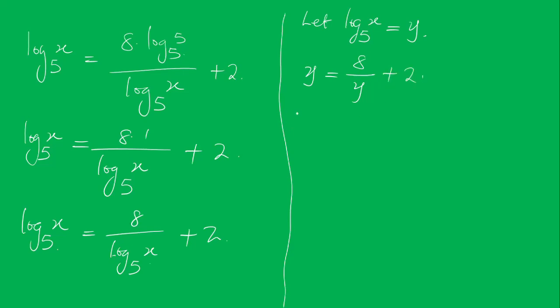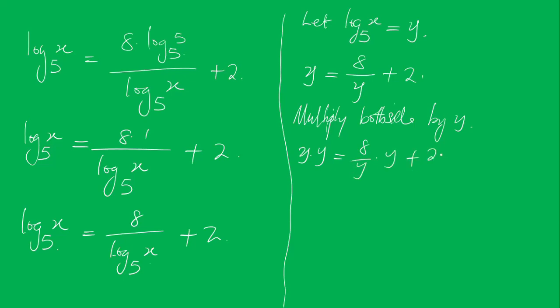Now multiplying both sides by y, you now have y times y is equal to 8 over y plus 2 times y. Now you have y squared is equal to 8 plus 2y.